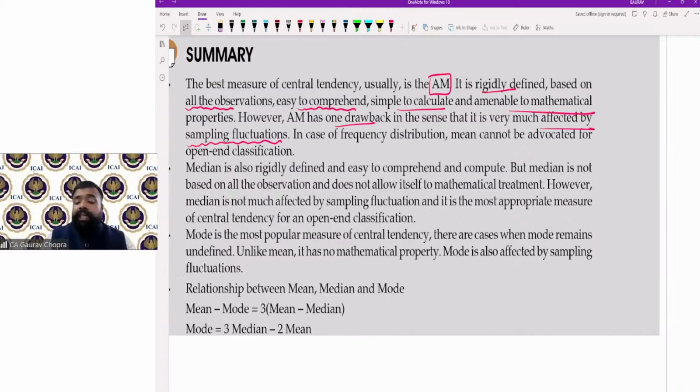Now, mean cannot be advocated for open-end class interval.